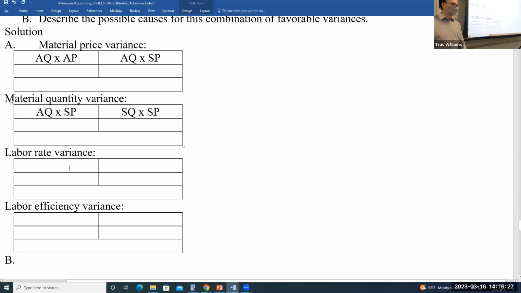And for labor, it's going to be actual hours times actual rate minus actual hours times standard rate. For efficiency, the right side, it's going to be standard hours times standard rate.